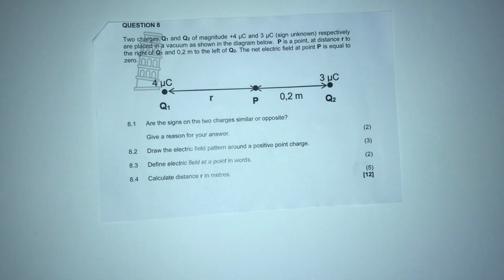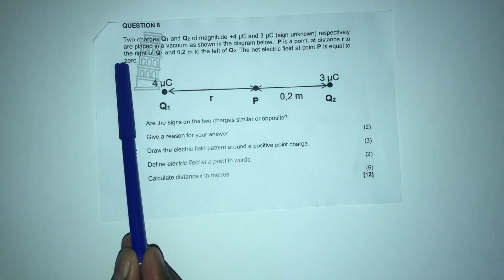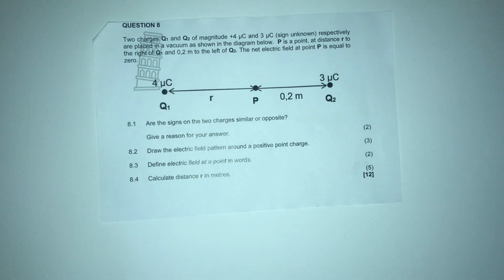So 8.1, are the signs of the two charges similar or opposite? Give the reason for your answer. So here, if the net electric field is 0, it means that the two electric fields of these two charges are going in opposite directions.